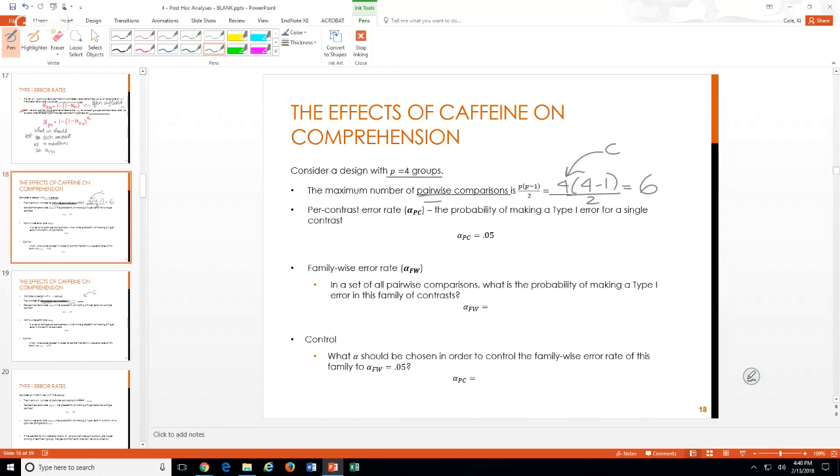So in the set of all 6 pairwise comparisons, what is the probability of making a type 1 error if we do all of them at an alpha 0.05? So that's going to be 1 minus 0.05 to the what power? 6th power. Calculate that.